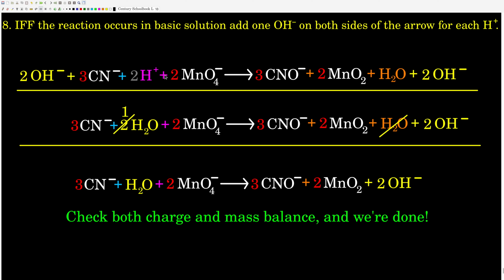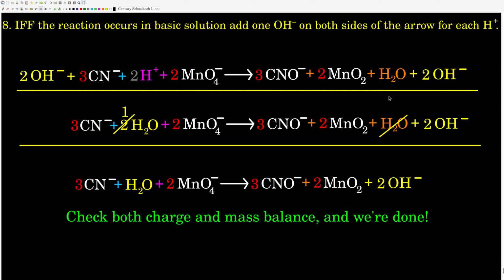So because we ended up with 2 hydrogen ions on the left, we add 2 hydroxide ions to both sides. Now, the side that had the hydrogen ions in it, the hydroxide plus hydrogen ion always makes H2O, right? Water. So these are converted into water molecules. So we have 2 waters on the left, and then the hydroxides stay over here.